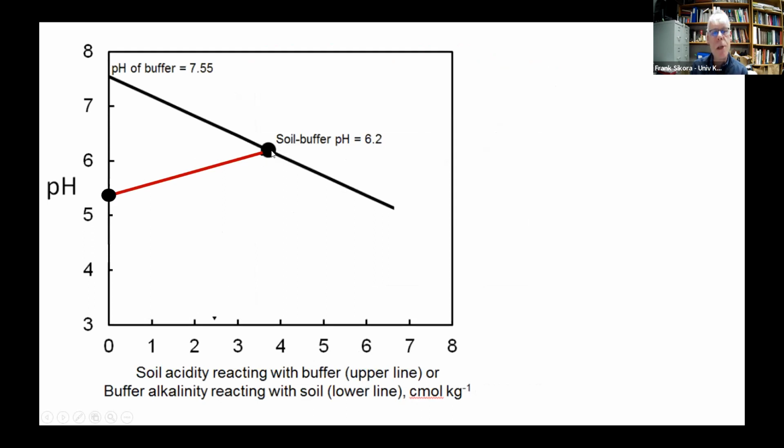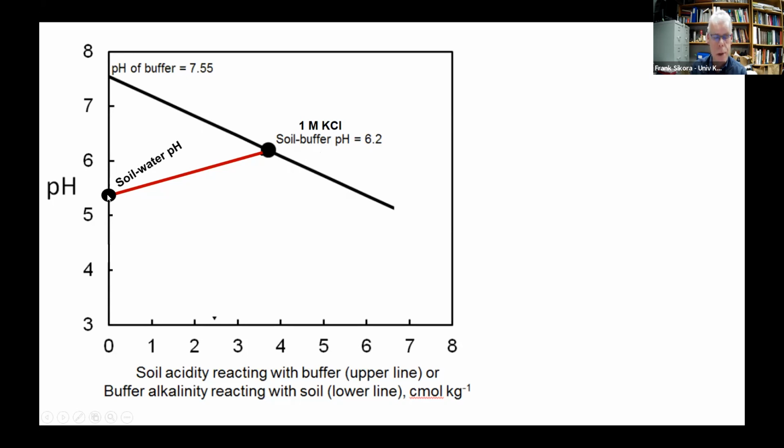So we go back to this curve where we have a lime response curve of the initial pH and then the soil buffer pH. I showed just a general graph of that a couple slides ago, but when you start thinking about what the salt concentration is with an initial soil water pH and the soil buffer pH, I started to realize that I was comparing apples with oranges, because the soil buffer pH has a salt concentration of 1 molar potassium chloride.